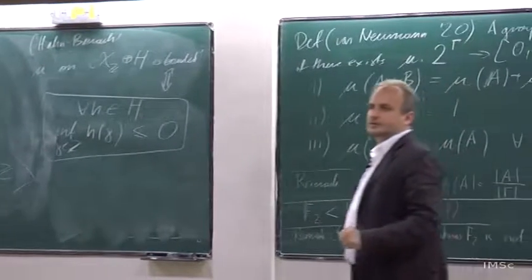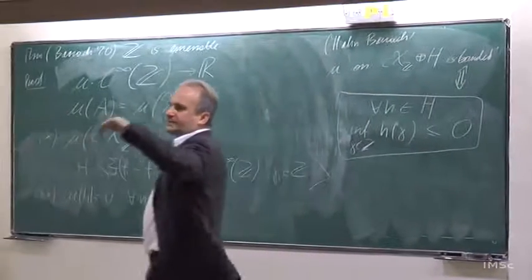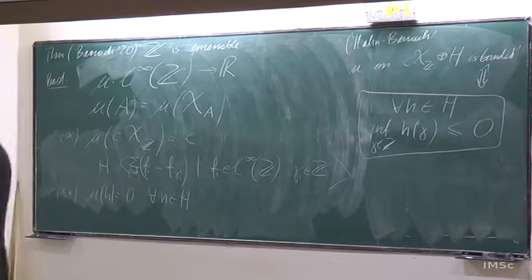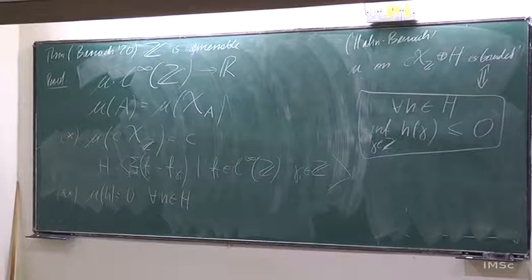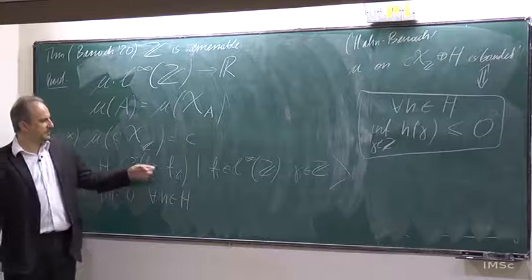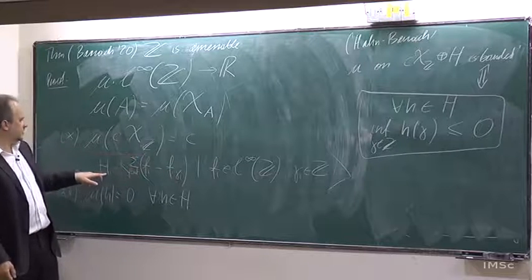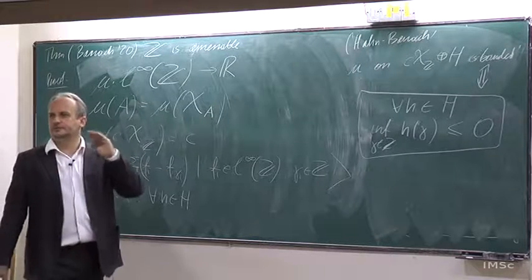So for F2, try to find a bounded function and its translation such that the difference, actually we have to use at least two functions like this, such that you can get a function which is constant and equal to 1.